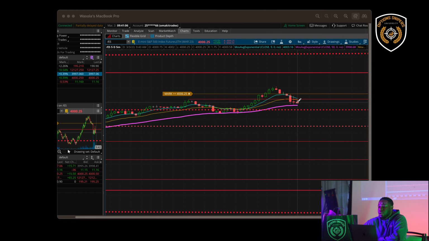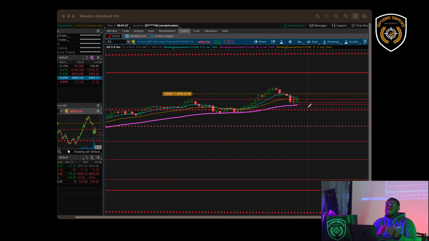When we talk about higher lows or lower lows, that gives us an indication of where the momentum is. So this candle's low is higher than the previous candle's low, okay?